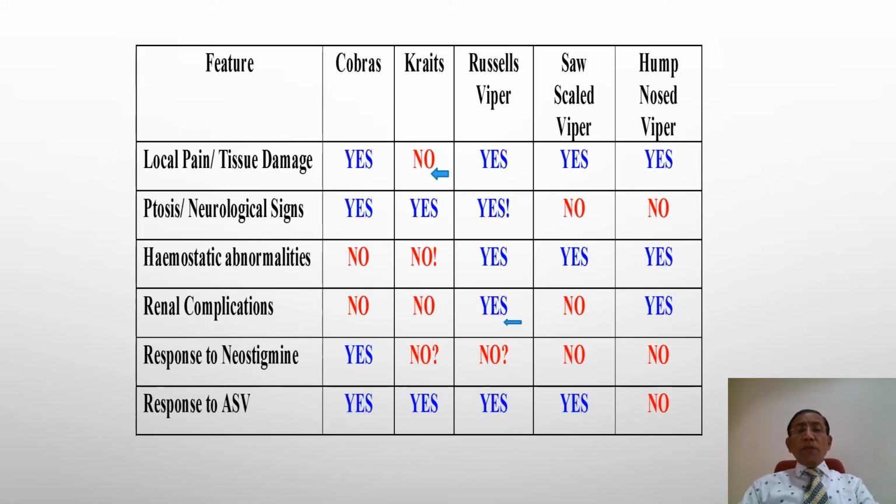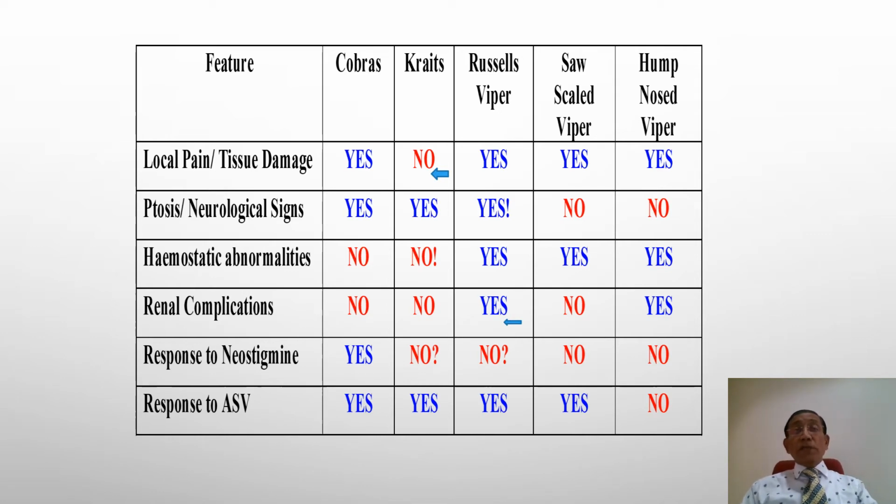The two important things I want to mention here: remember, krait bites usually do not have local tissue damage or local pain. So invariably many times the parents come and say that the child has got a bite, but there is no pain and no local reaction. It could still be a krait bite. Another thing is that Russell's viper usually presents with late renal complications.